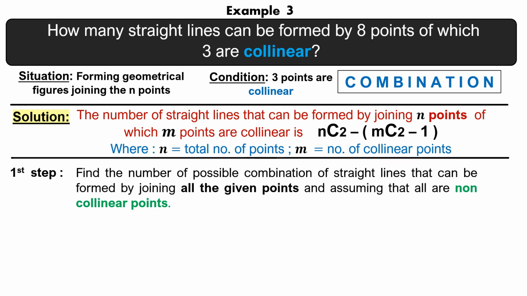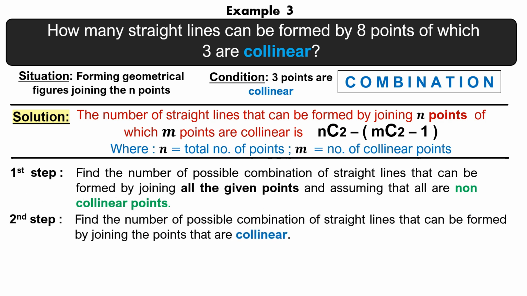First step, find the number of possible combinations of straight lines that can be formed by joining all the given points, assuming that all are non-collinear points. Second step, find the number of possible combinations of straight lines that can be formed by joining the points that are collinear.